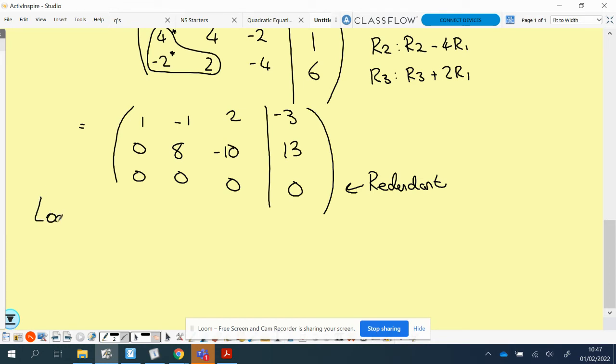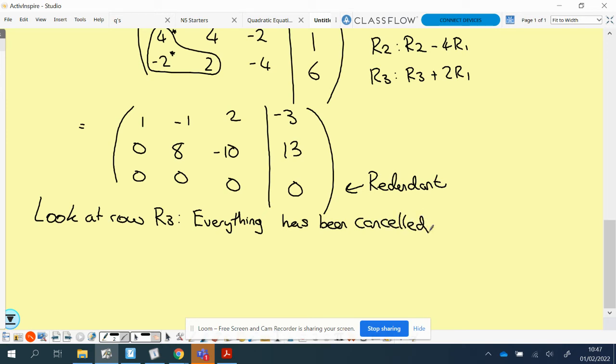So if we look at row 3, look at row R3, then everything has been cancelled. So we are only dealing with 2 rows.